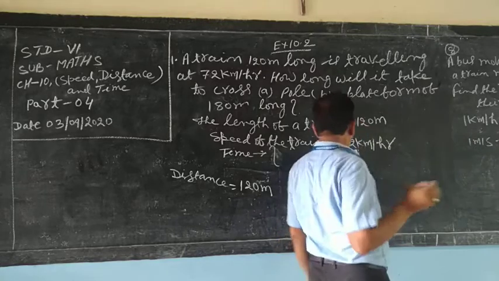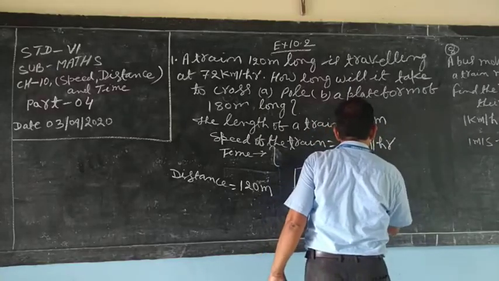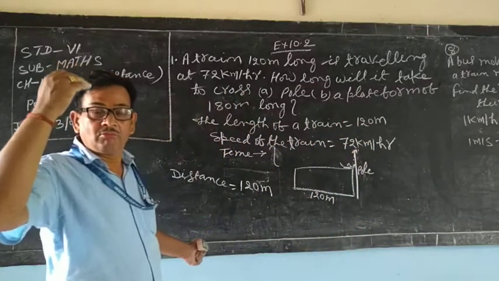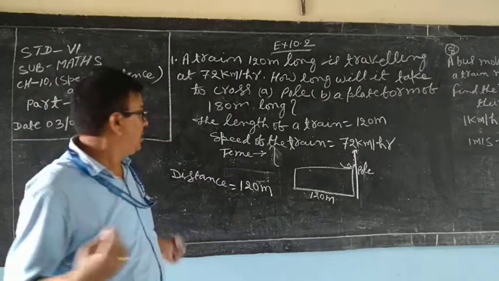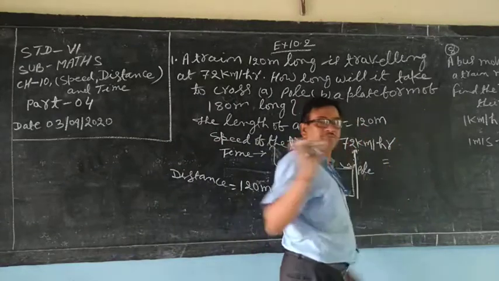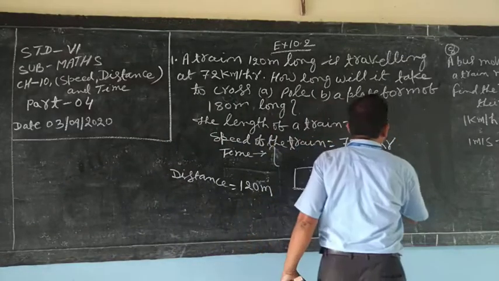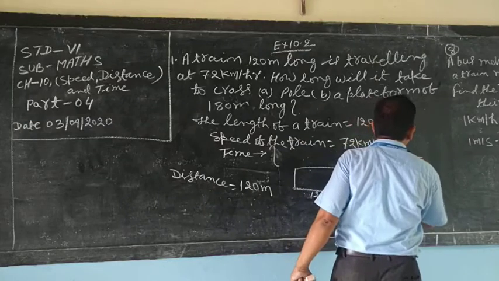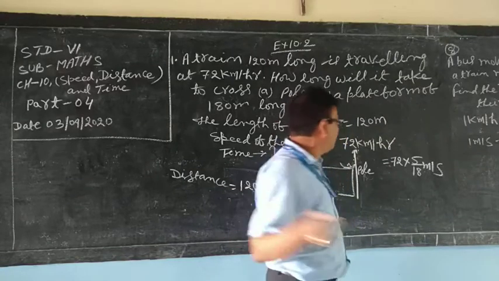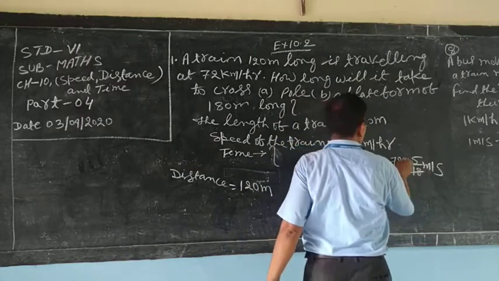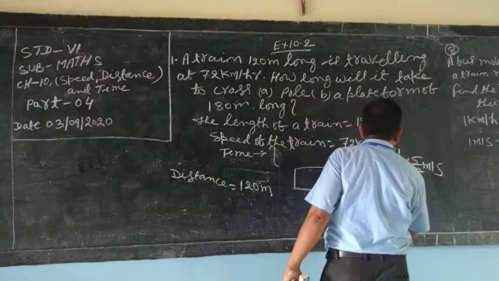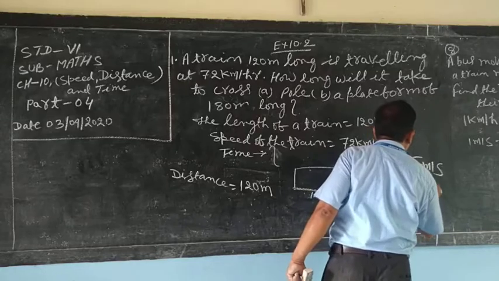Whatever the length of the train, that is the distance. Now we change the speed to meter per second: 72 into 5 by 18 meter per second. 72 divided by 18 is 4, so 4 into 5 is 20 meter per second.